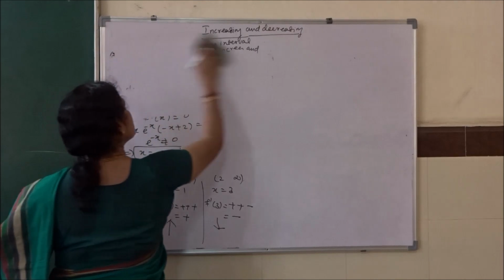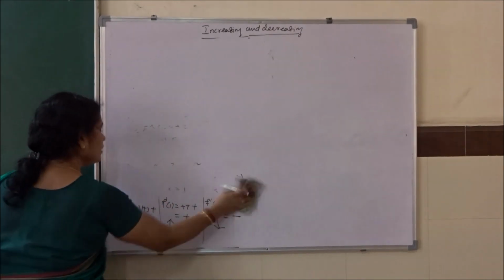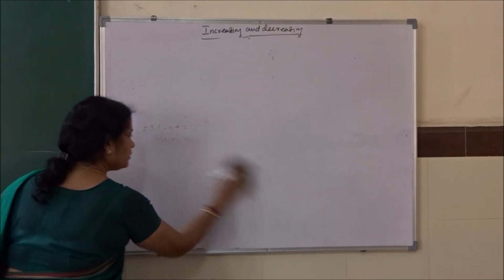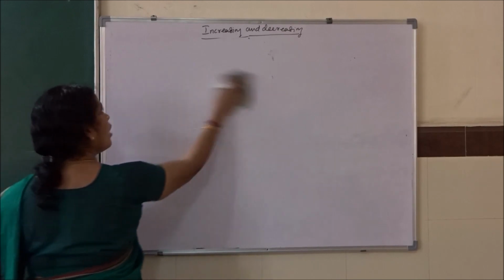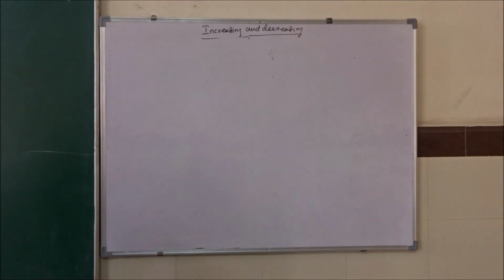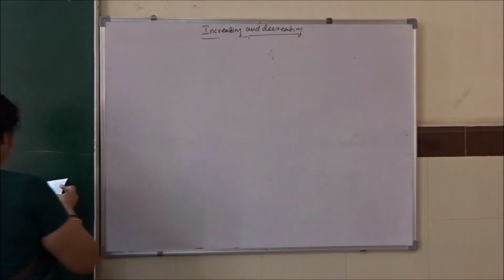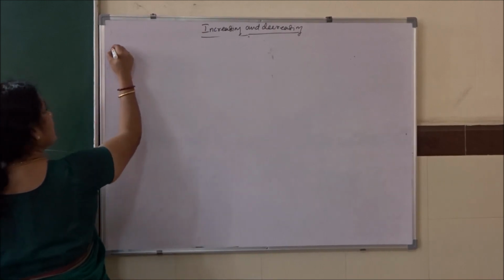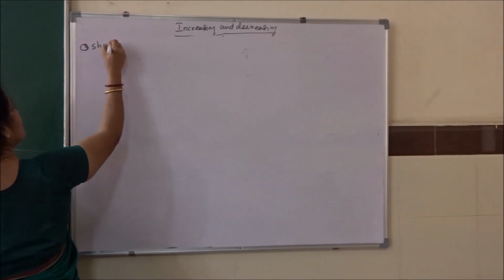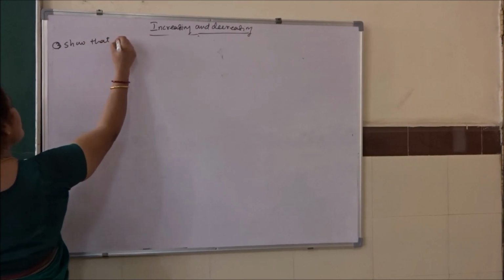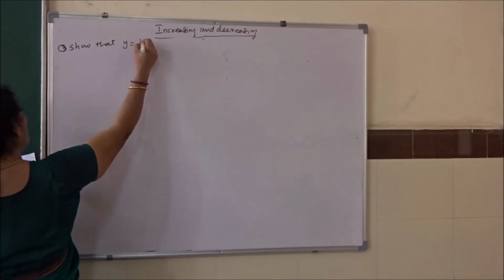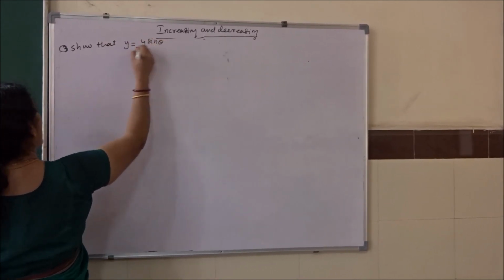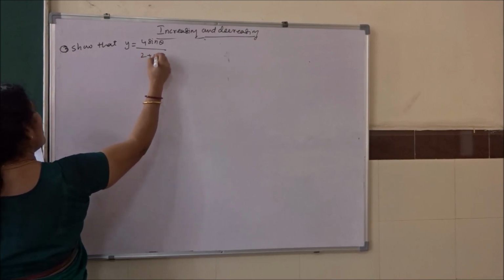Now I am taking this last example. Okay, fine. I think you can understand what I am saying, how to find the interval. Now let us see one question, how to prove, how to show. See, another example I am taking, show that. Still we have seen two questions, how to find the interval where the function is increasing and decreasing.